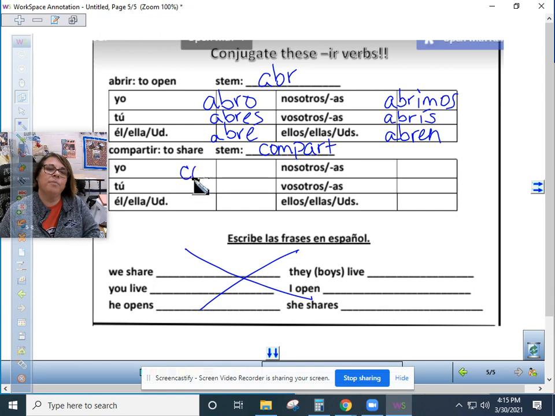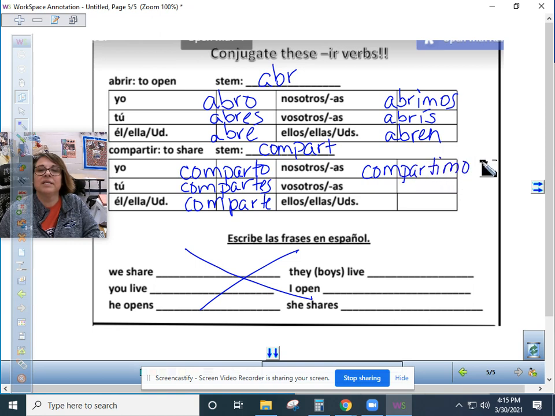So comparto, compartes, comparte, compartimos, compartís. There's an accent right there. And comparten.